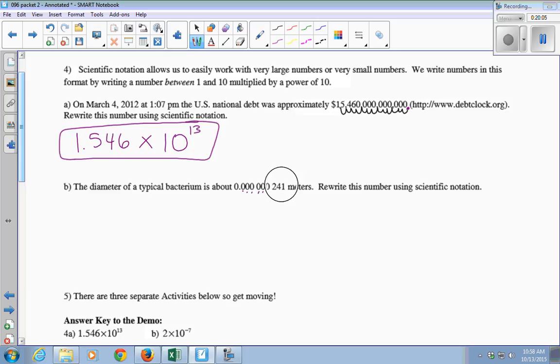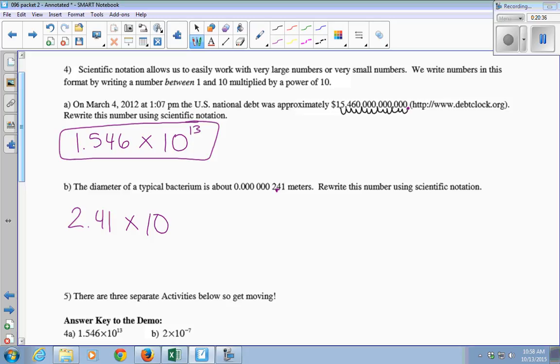So instead, we would say, okay, if I had to move that decimal point to make a number between 1 and 10, what would my number be? 2.41. I would keep moving it to the right until it landed right there. Then I'd be between 1 and 10. So then I got to multiply by 10, right? I got to figure out how many places to go back to the left to get my actual number back.